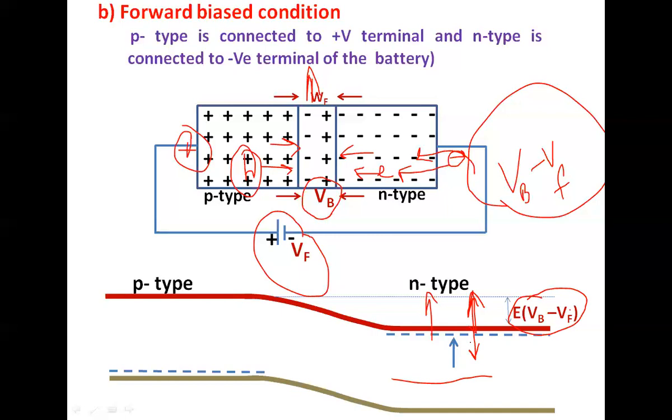Either we understand it as injecting electrons into the n region so that the Fermi level in the n region goes up, or as the potential barrier decreasing in forward bias and hence the Fermi level in the n-type region goes up. Likewise we can understand the forward bias condition and its corresponding energy level diagram.